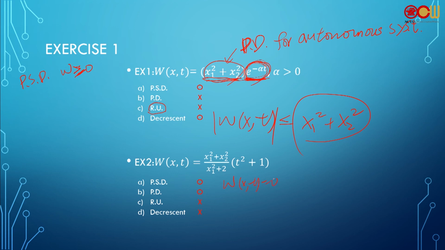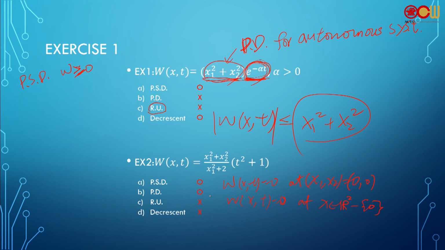W(x,t) equal to 0 at x1, x2 equal to 0. So is it PD? Can you find W equal to 0 somewhere in R2 minus 0, somewhere other than the origin? Can you find those x such that W is 0? No, right? So it's PD.